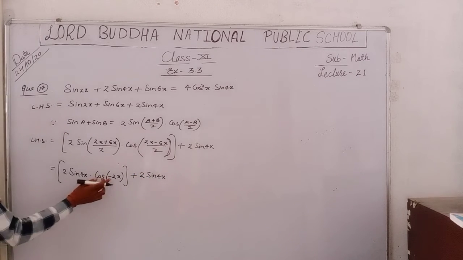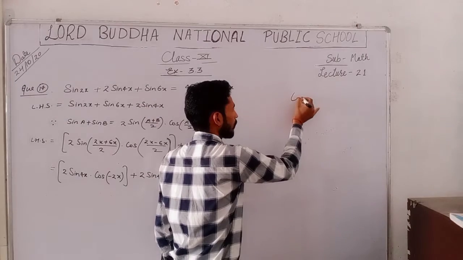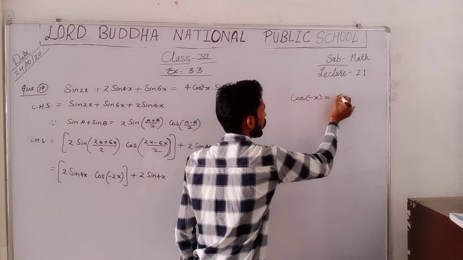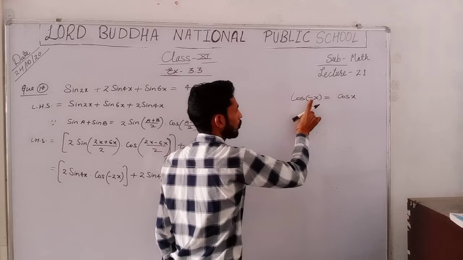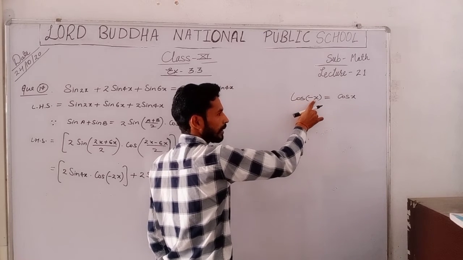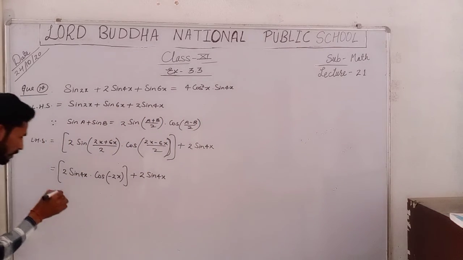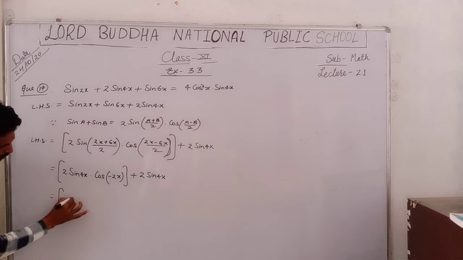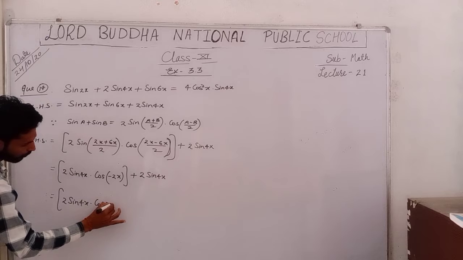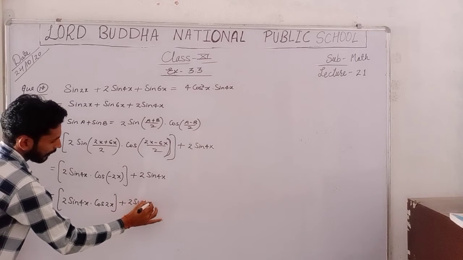Now we know that there is no meaning of this sign, because cos of minus x is equal to cos x. For the trigonometric function cos, if the angle is given negative, it is equal to positive. So we will use this and write 2 sin 4x into cos 2x plus 2 sin 4x.